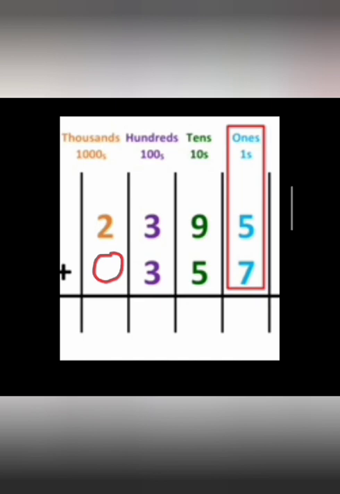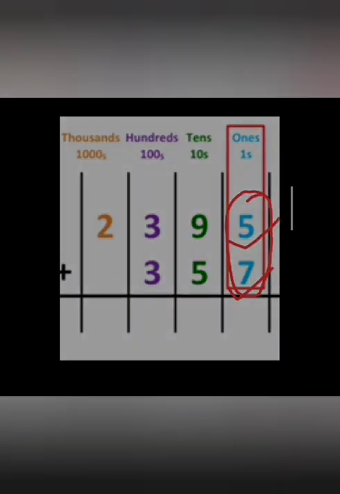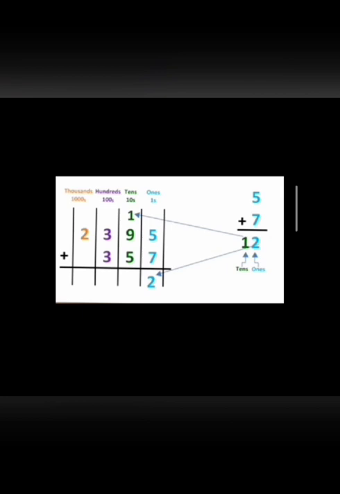But please make sure it should be written in the thousands place only, because we begin writing and placing the numbers from the ones place, then tens, then hundreds, then thousands. So first we will add the ones place, 5 and 7. So what do we get on adding 5 and 7?